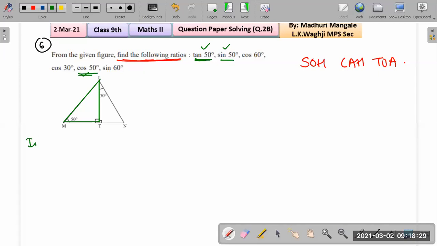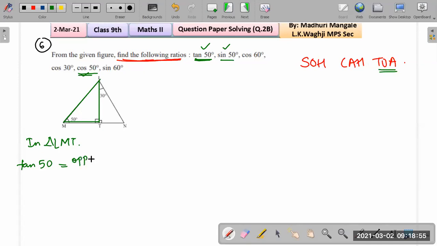So how do you start? Always start by writing out the name of the triangle. What is the name of this triangle? Triangle LMT. We have to find tan of 50 first. Tan means TOA, that is opposite upon adjacent.